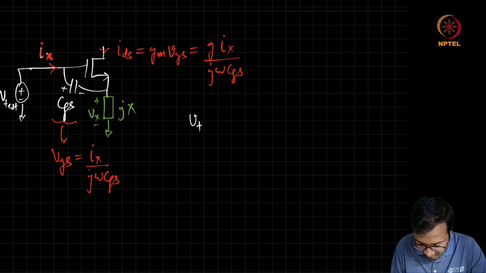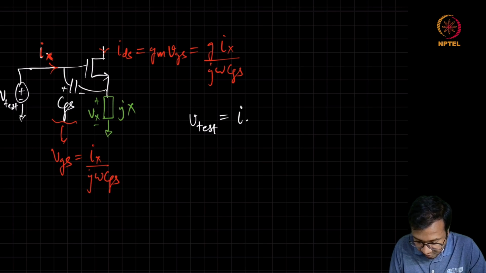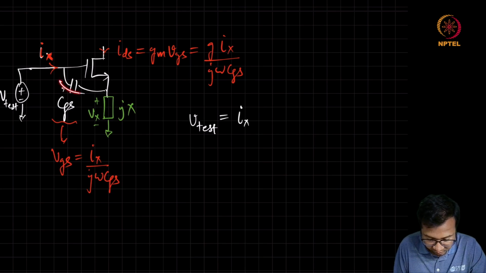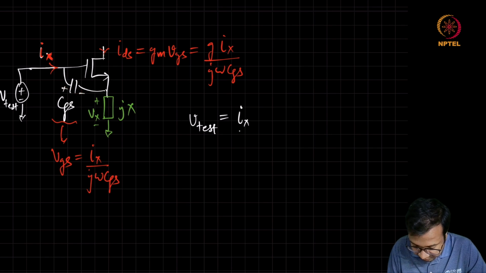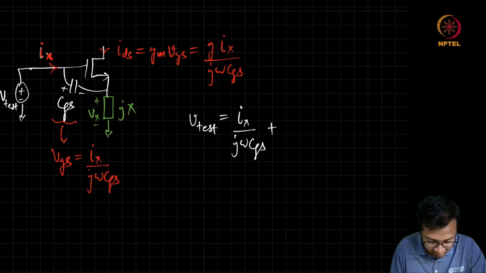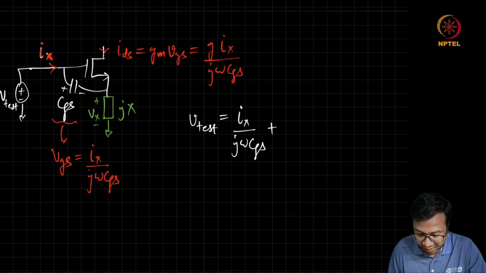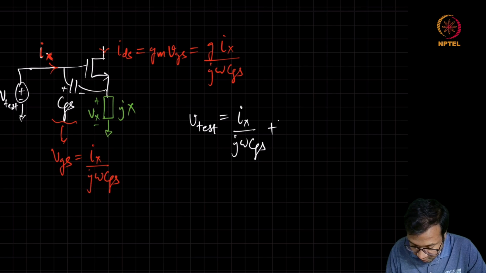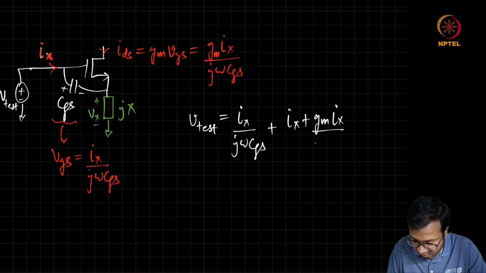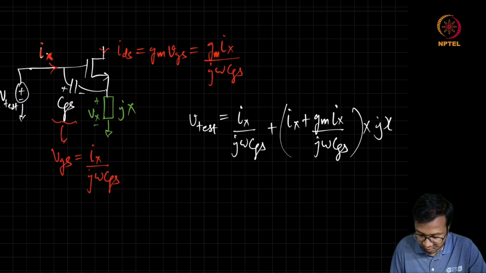So this V test is equal to Ix, which is flowing through the CGS, divided by j omega CGS, plus the drop across this reactance jX, which is equal to Ix plus gm times Ix divided by j omega CGS, which is flowing through this jX.